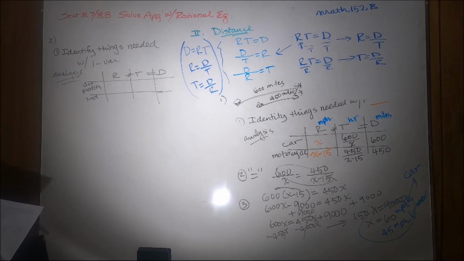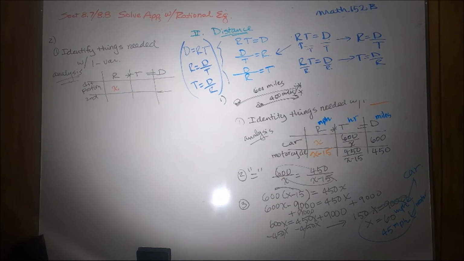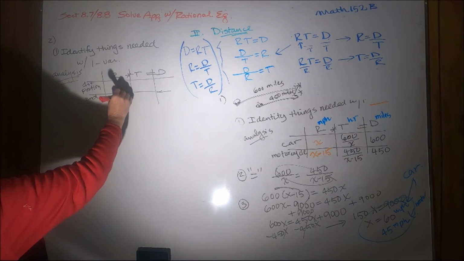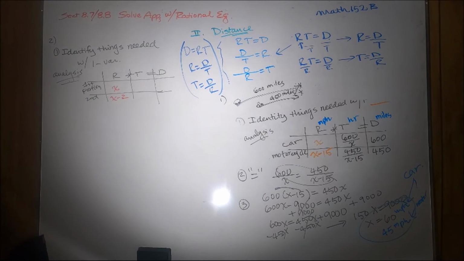So do we know the speed? No. So for the things we don't know, we use X. If the first portion is X miles per hour, the second portion, the cool down time, would be 2 miles per hour slower. Reduce the 2 miles per hour, right? So that would be X minus 2. So do we know the time?